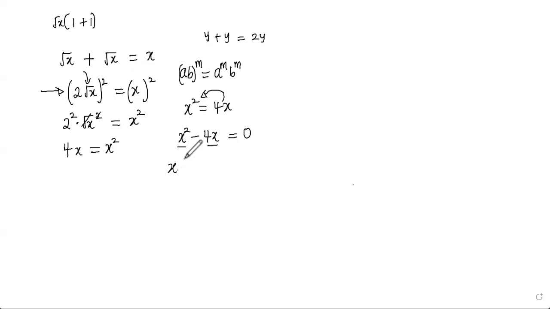So when you bring out the common factor, x squared divided by x will just give us x, and 4x divided by x will just give us 4. As if to say x times x is x squared and x times negative 4 is negative 4x, all equal to 0. So right now we have x times x minus 4 equal to 0.